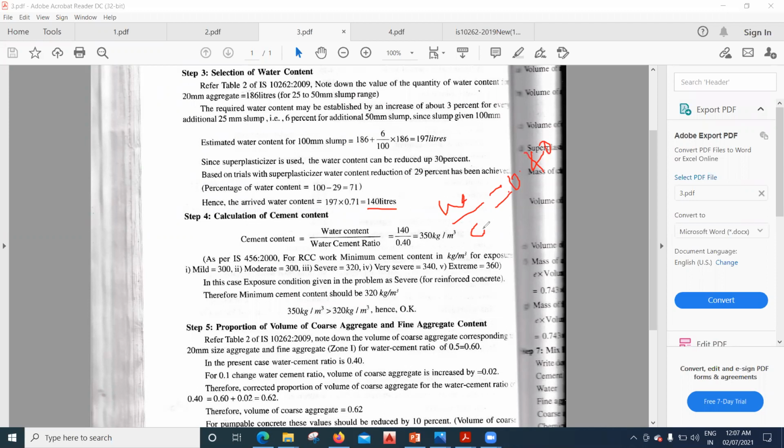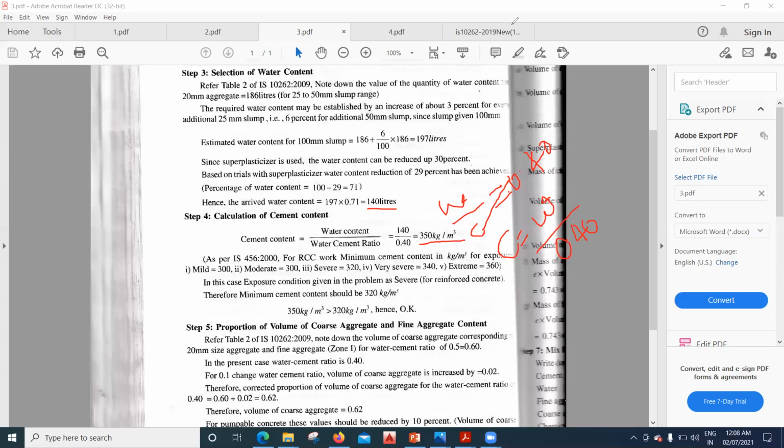Just cross multiply. If cement goes to that side, cement will be water divided by the water cement ratio of 0.40. The water we are going to use is 140 liters. So 140 divided by 0.40, you are going to get 350 kg per cubic meter of the cement we are going to use in this mix design.